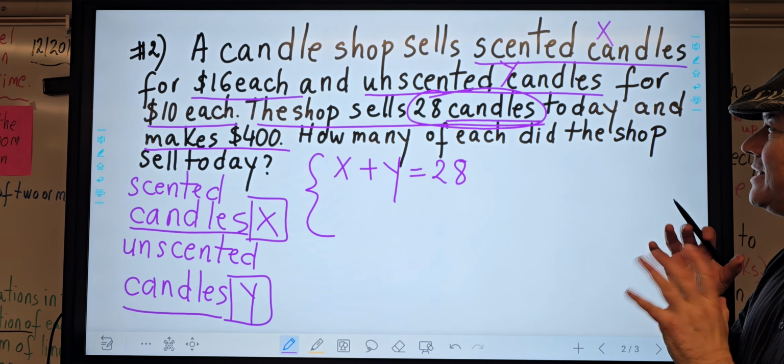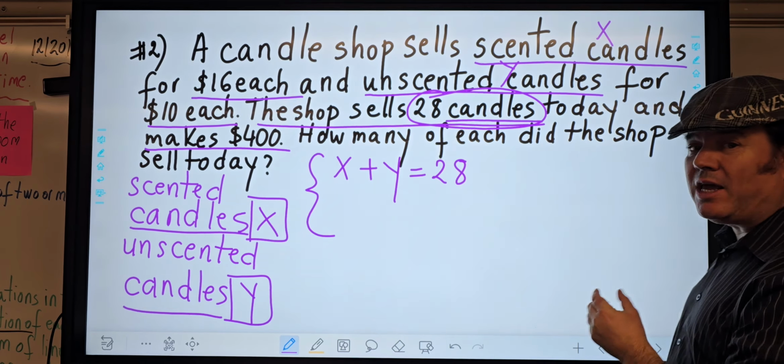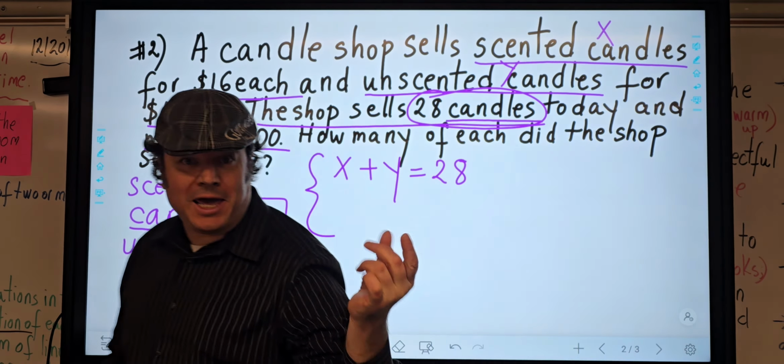Let's see if we can create the second equation. For the second equation, we are talking about money.